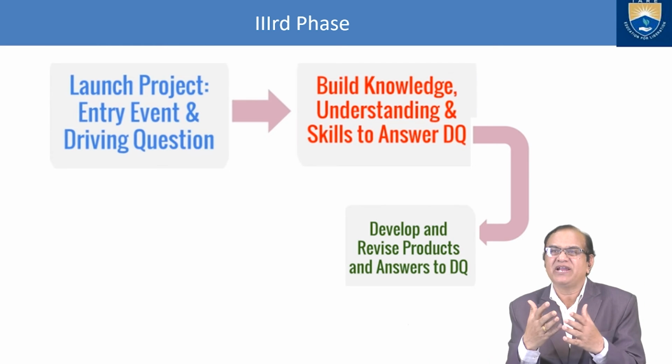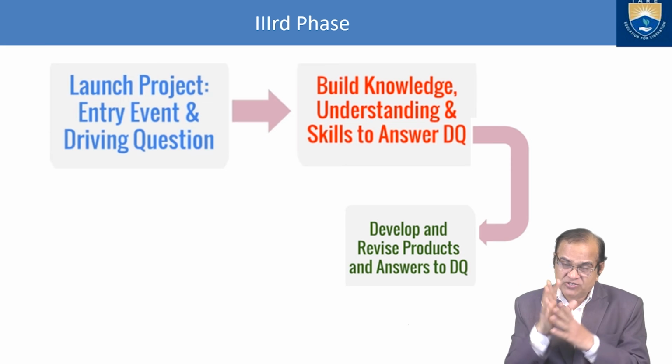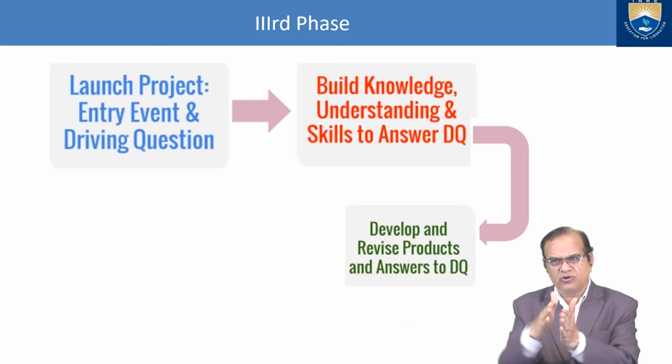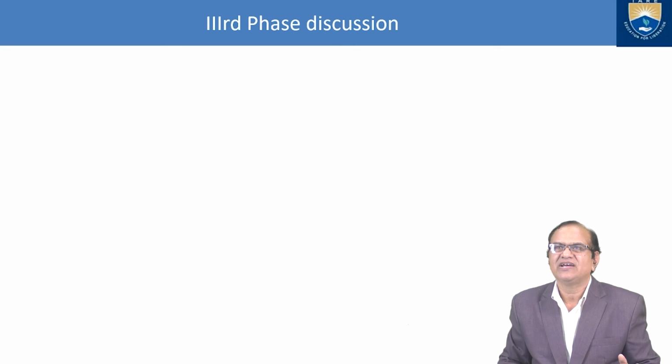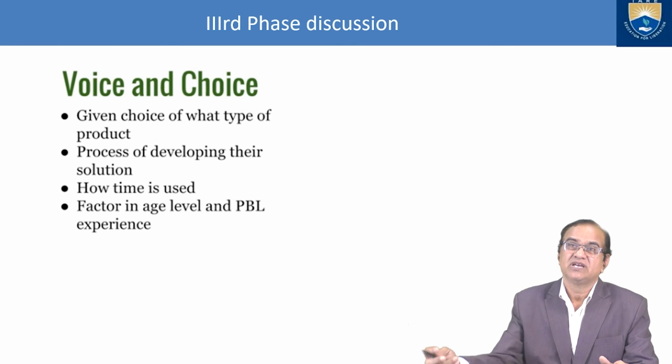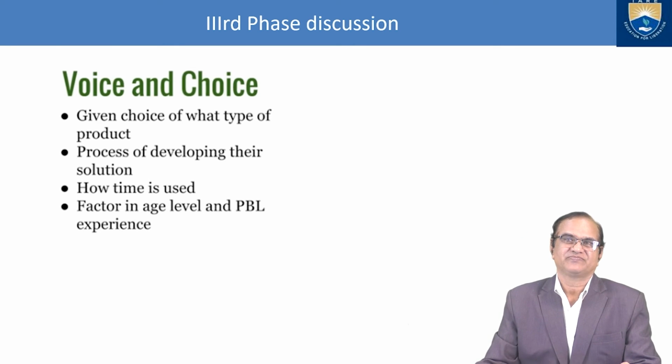Now you develop and revise the product. So first you develop, and if you feel that it is not good, you change the shape and other things, and you understand the thought. So in this, voice and choice.